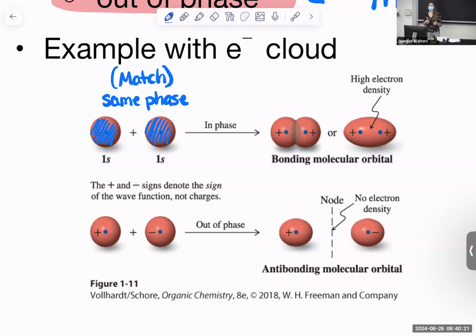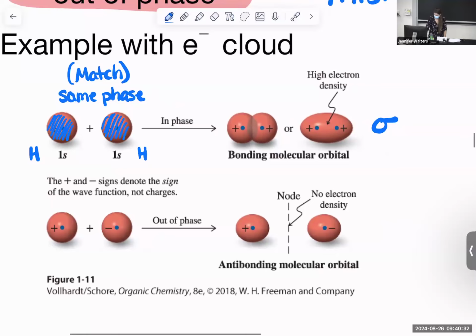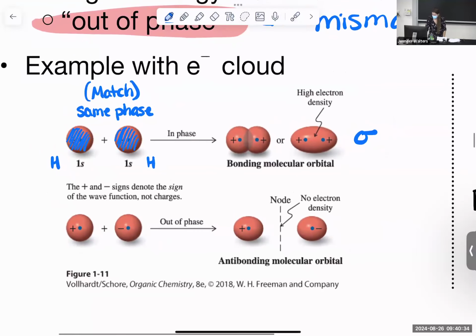They can make a bonding orbital. So when I take an s orbital and another s orbital, in this case hydrogen coming together, that is going to make a sigma bond, and it is our sigma molecular orbital. Sigma is a circle with a little line across, or like an O with a line at the top.